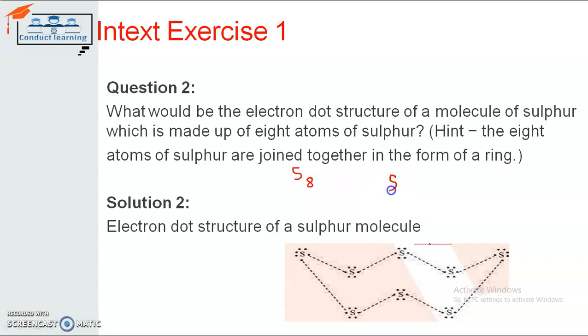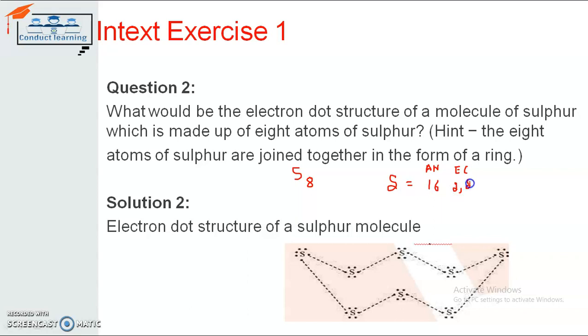Sulfur has atomic number equal to 16. Accordingly, its electron configuration will be 2, 8 and 6.